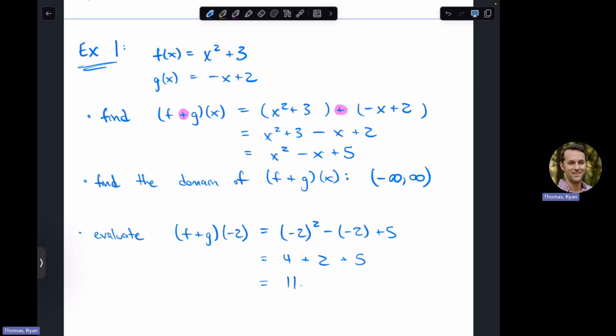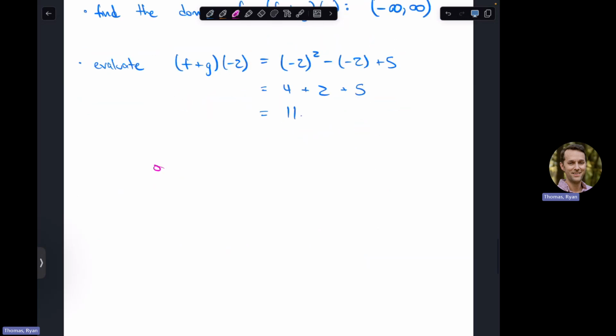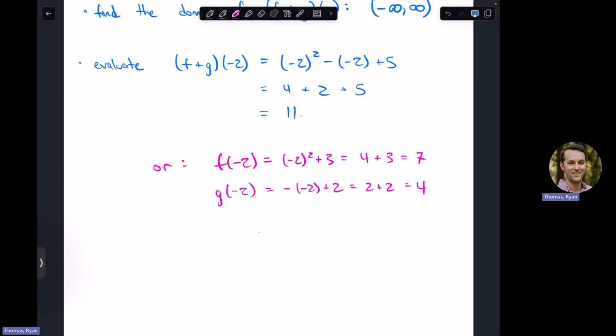Maybe I should write that down. f of -2 would be -2 squared plus 3, so 4 plus 3, so 7. g of -2 is 4, and 7 plus 4 is 11 again.